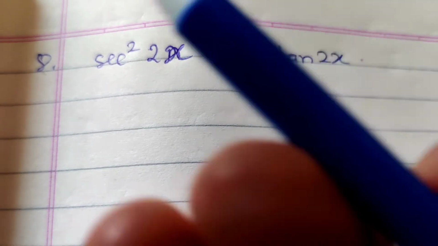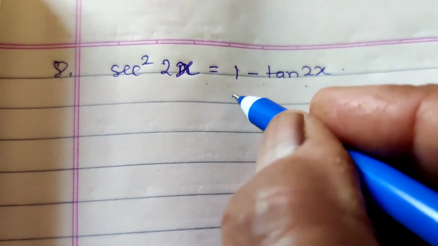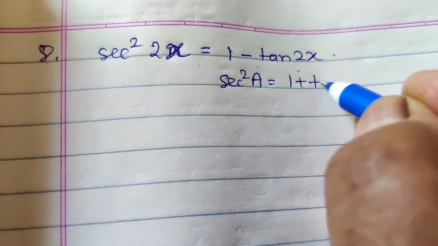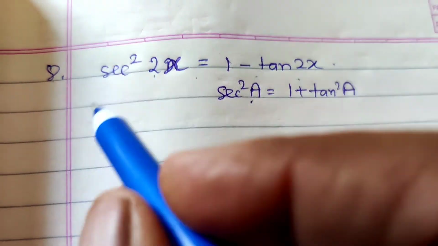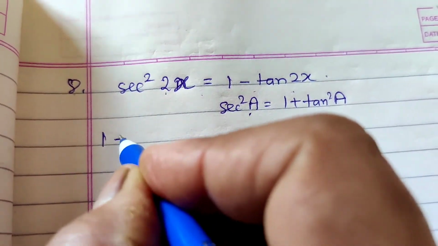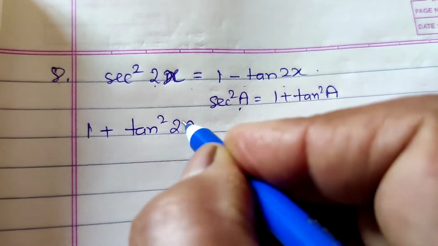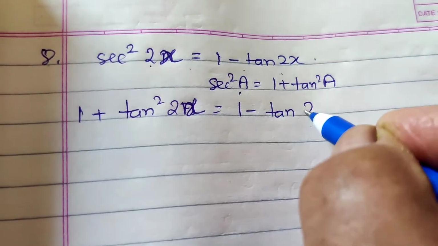Question number 8 is sec square 2x equal to 1 minus tan 2x. We know that sec square a equal to 1 plus tan square a. So just take a equal to 2x. We can write this as 1 plus tan square 2x equal to 1 minus tan 2x.